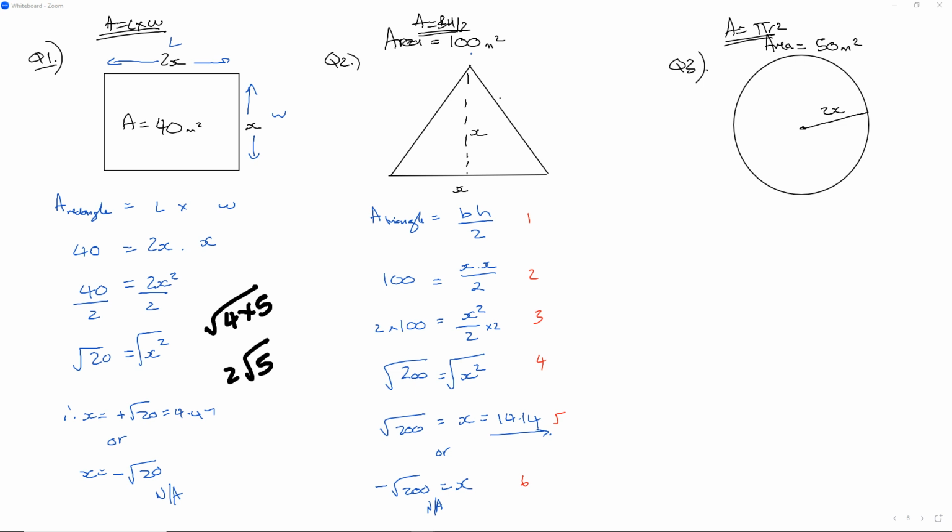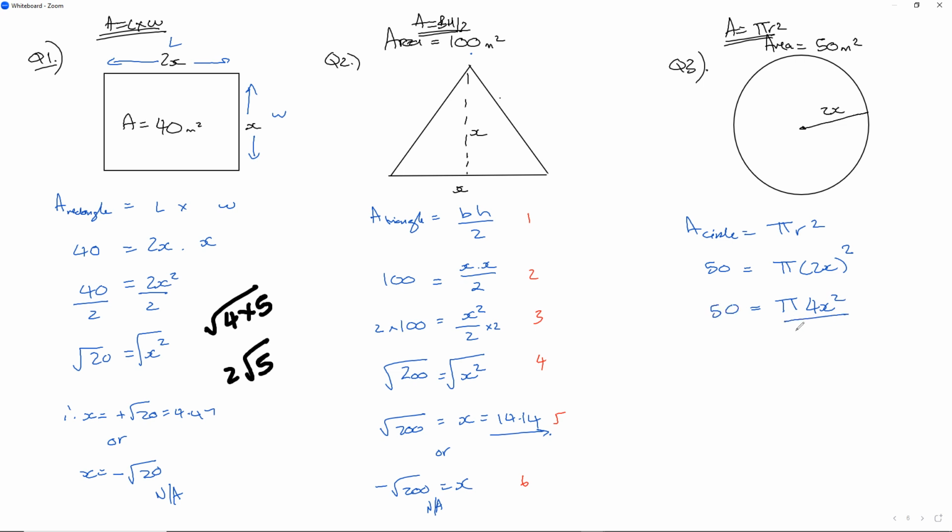So for the next one over here, I want to calculate this area. So area of a circle is going to be given by pi times radius squared. The area of the circle is 50 and my radius is 2x. And I need to square it. So that becomes pi times 4x squared.